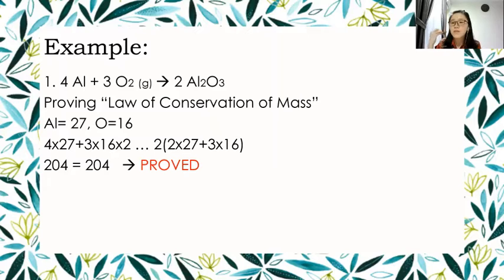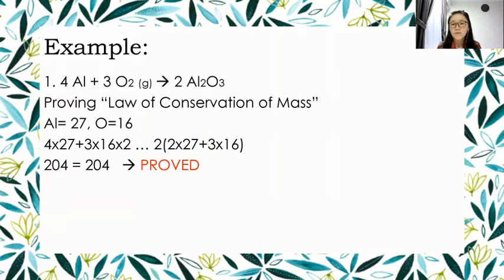Let's continue. We need to prove whether the law of conservation of mass holds. First, we must find out the molar mass. Aluminium is 27, oxygen is 16, and there are 4 aluminium atoms, so 4 times 27 plus 3 times 2 times 16 for the oxygen.